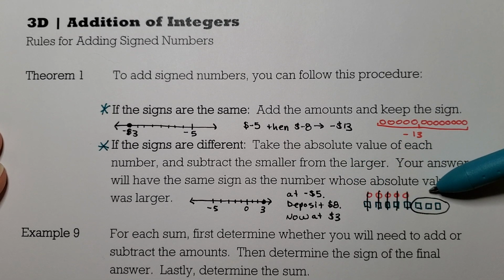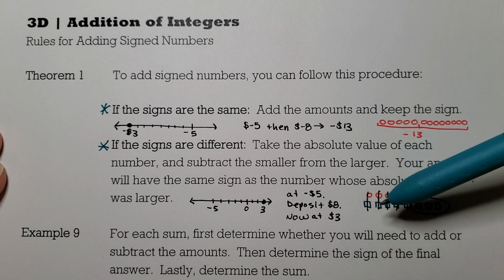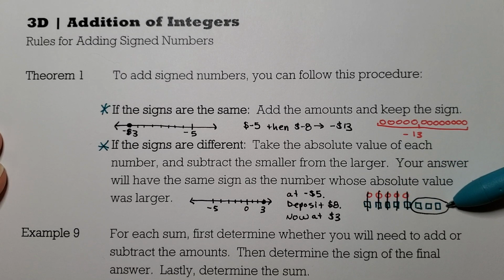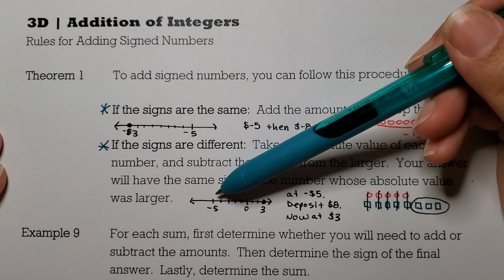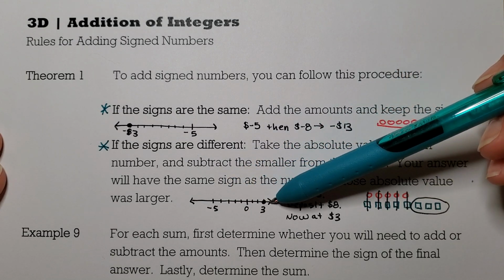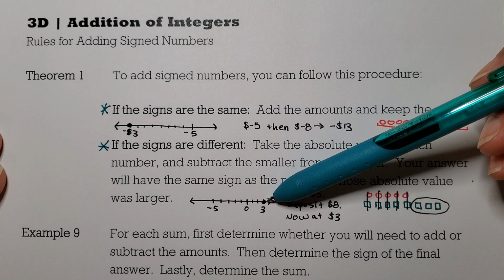If I'm looking at my teams playing each other, I had 5 negatives, so 5 red circles, versus 8 teal squares. So since there were more teal squares, those are the ones that ended up winning. Or on a number line, if I start at -5 and I move 8 to the right, I'm going to be going past 0 and end up at a +3.